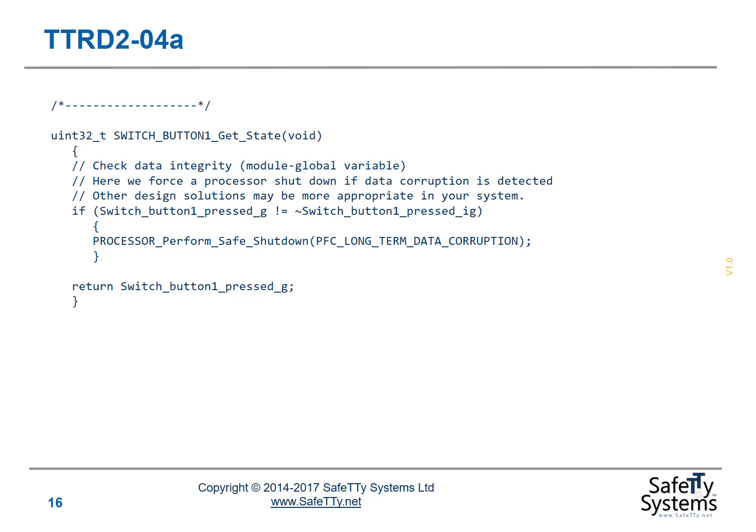As we discussed in the last few slides, you may not wish to perform an immediate system shutdown. The code can be adapted to meet those requirements, but our default behavior here is to assume that we'll perform a shutdown of a particular processor if we detect corruption of a duplicated variable.